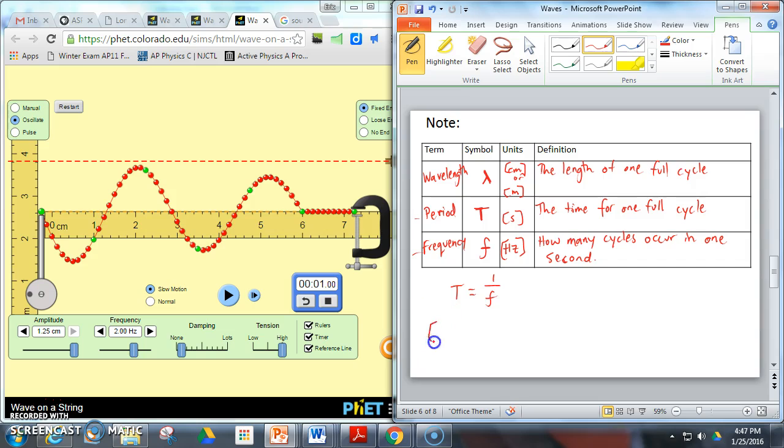Period was how many seconds for 1 cycle. And frequency, 1 over period, was how many cycles per second. If I take the inverse of this, switch the bottom and the top, I get back to seconds per cycle. So the units work out for this equation.